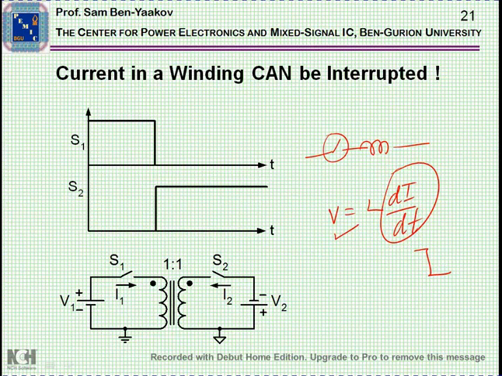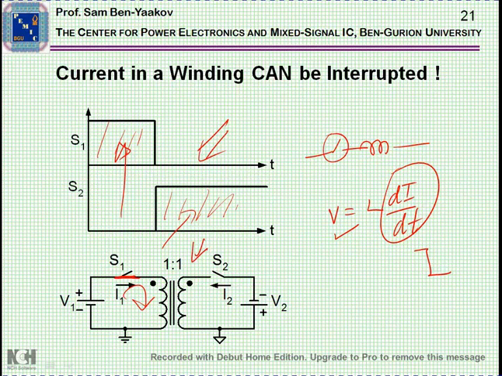Now, in a coupled inductor, the situation could be different. This is a coupled inductor with two windings, 1-to-1 in this case, and say this switch is on and current is flowing in this direction. This diagram shows how the switches are controlled: here is switch 1 and then switch 2.